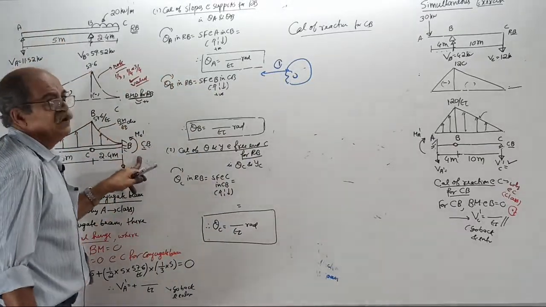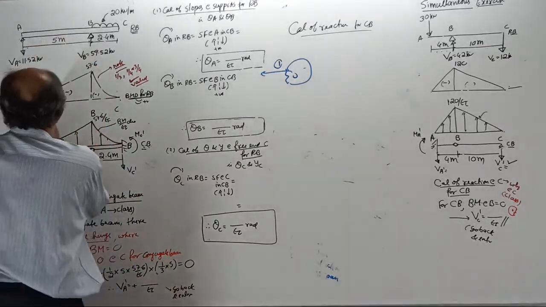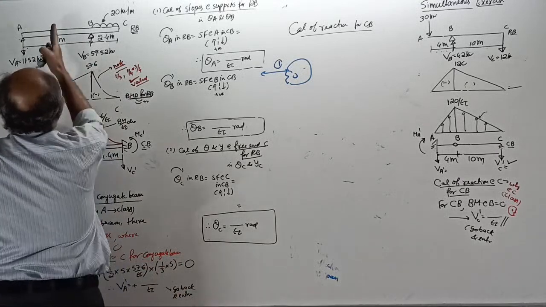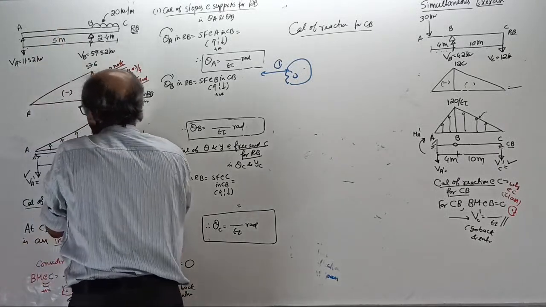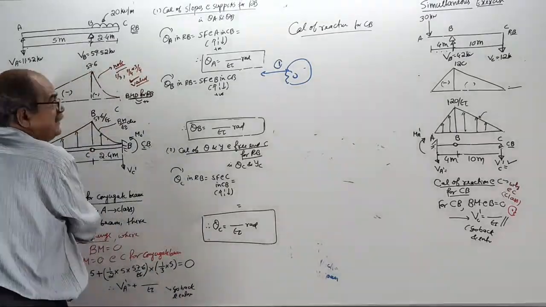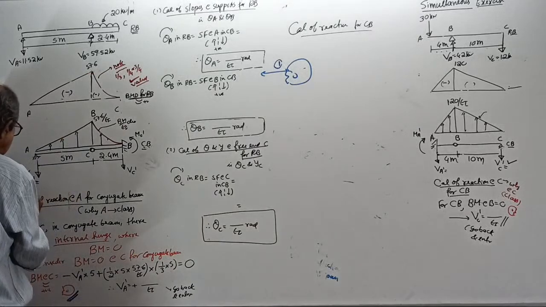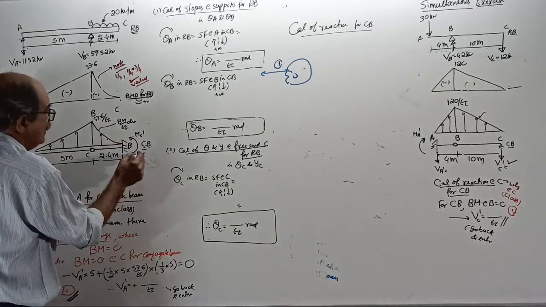You can find it, not a big issue, but time should not be wasted. Suppose I want slope and deflection, shear force, bending moment. Wherever you are, look this side. Then this is required, and this is not required.